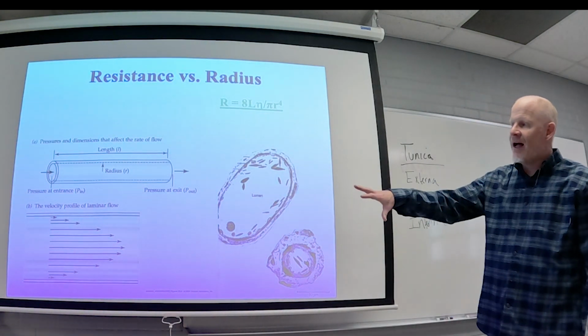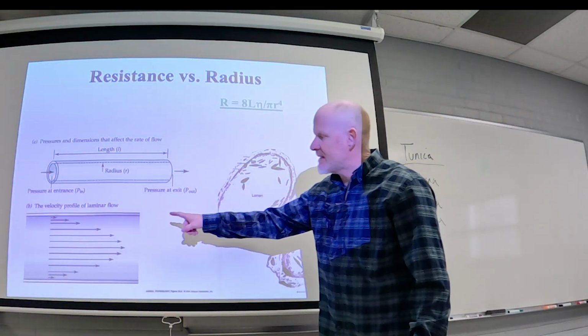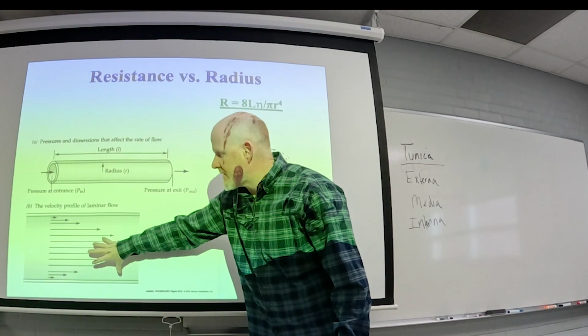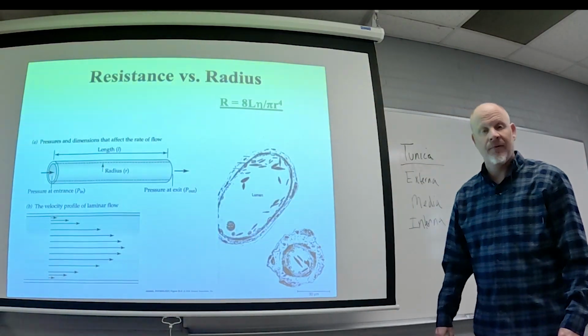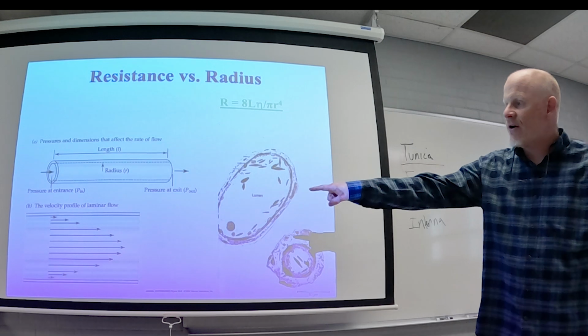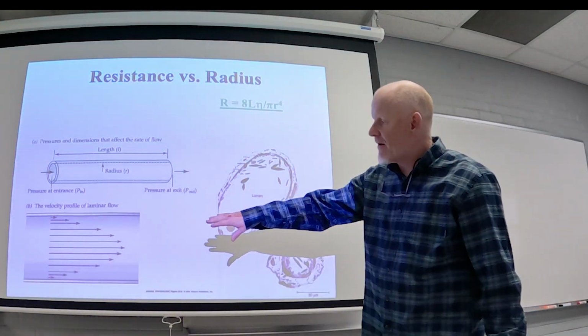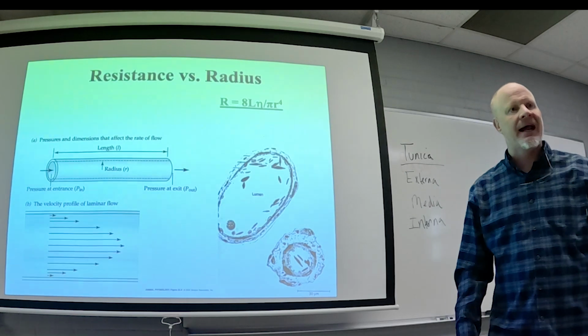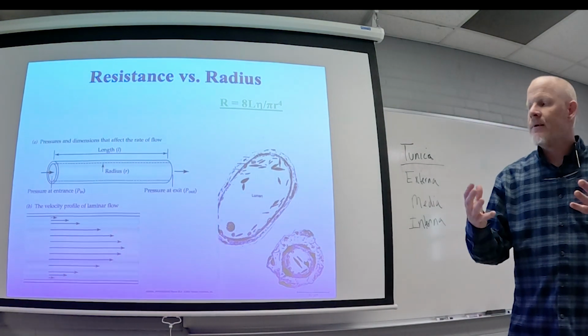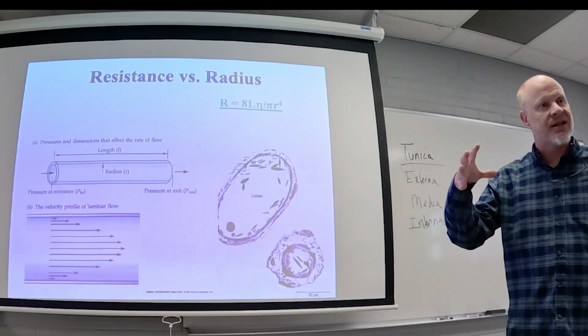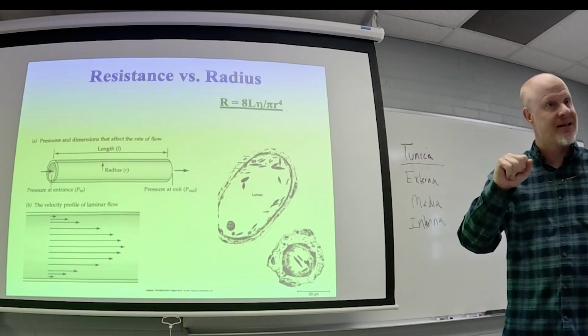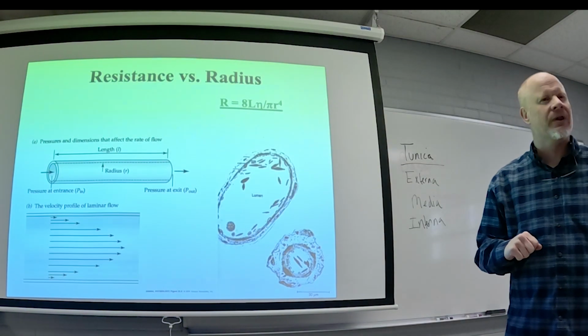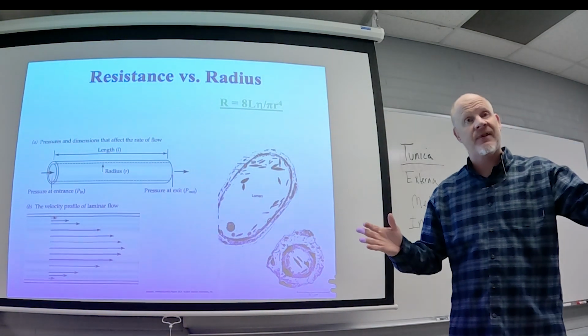The other thing that I love about this image is this explanation right here that describes velocity of blood. The wider your blood vessel is, the more of the blood that's in the middle, and the blood in the middle that has no touching of any of the sides of the blood vessel is going to be moving the fastest, right? And this is called laminar flow. This is the same thing as a river.